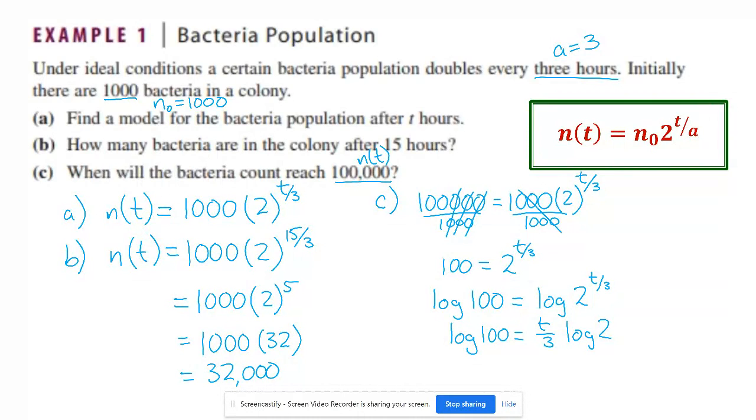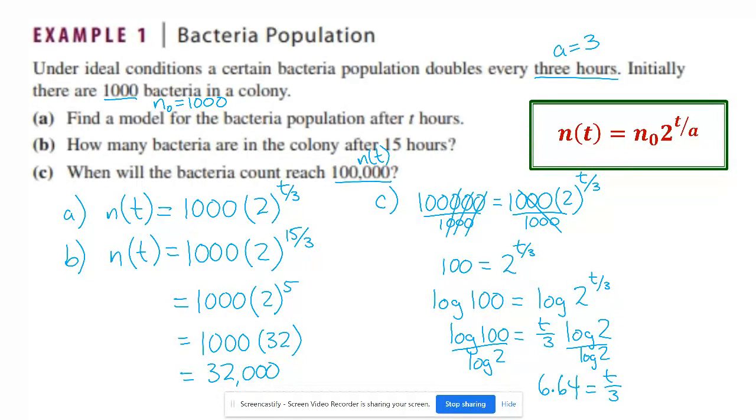We're going to divide by log of 2 to get rid of it. Try to get t by itself here. So we have log 100 divided by log of 2, which is approximately 6.64. I'm going to round that to the nearest hundredth. 6.64 is equal to t over 3. And so our final step is just to multiply that number by 3.